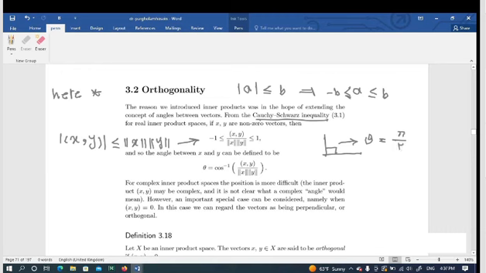And we know that the cosine of pi over 2 equals 0.